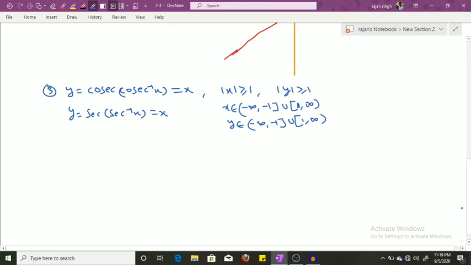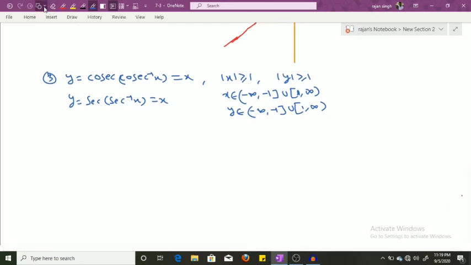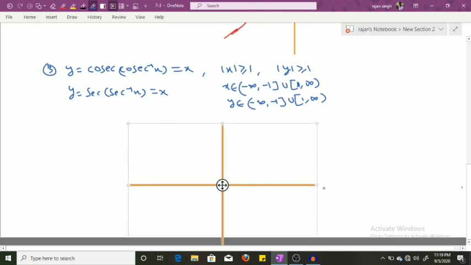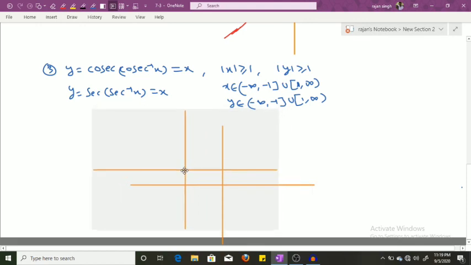So see the graph, same basic graph. Whose graph do we have to draw? Basically we have to draw the graph of y equal to x. So let's say this is -1 and this is +1, and this is -1.